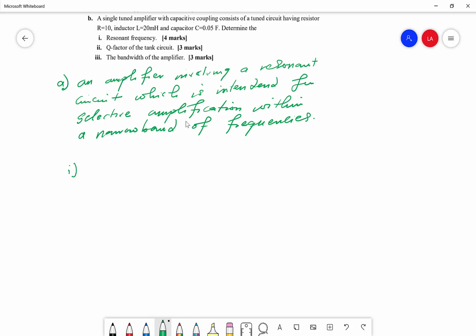For that, the fundamental difference is that for a wideband amplifier, you would realize that the gain remains constant over a wide range of frequencies, but it only falls at the low and then high frequencies. And then for the tuned amplifier, the gain is only maximum at the center frequency or the resonance frequency.